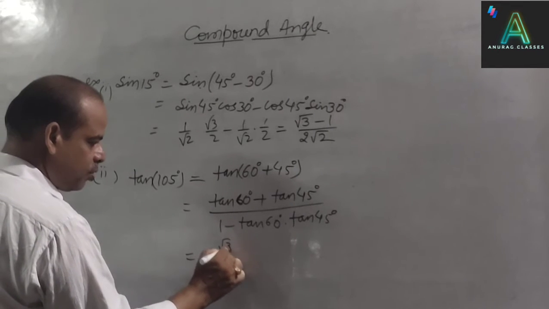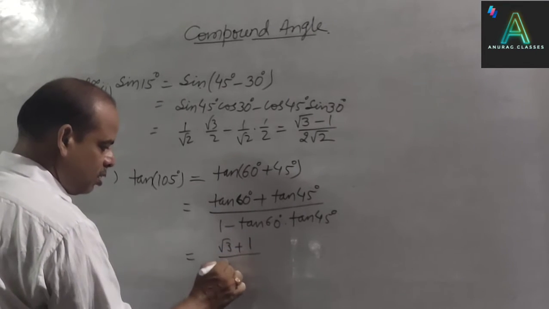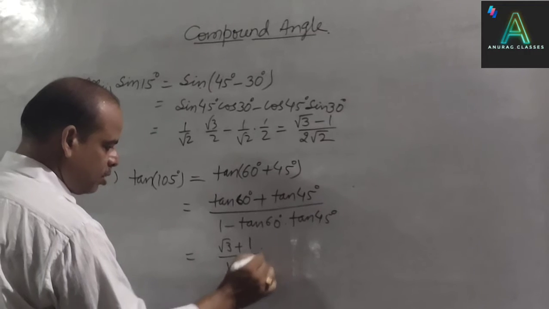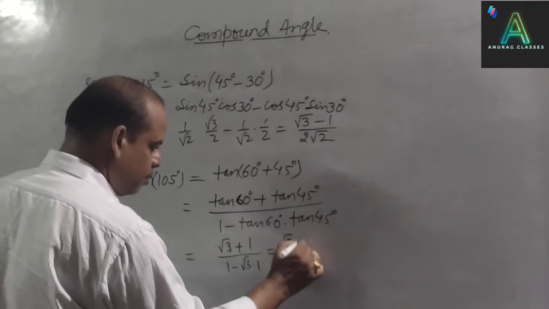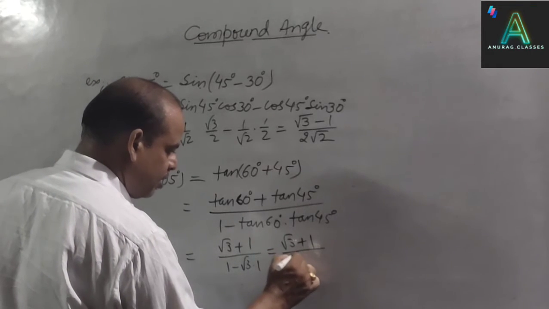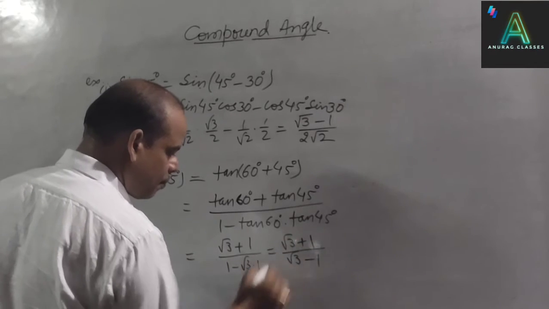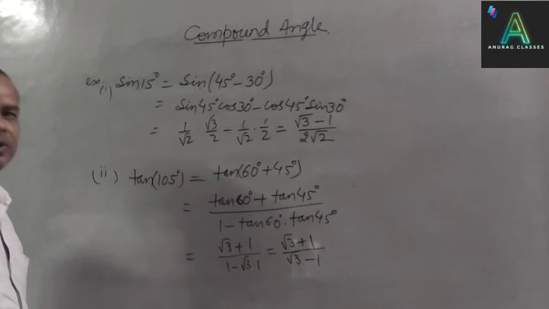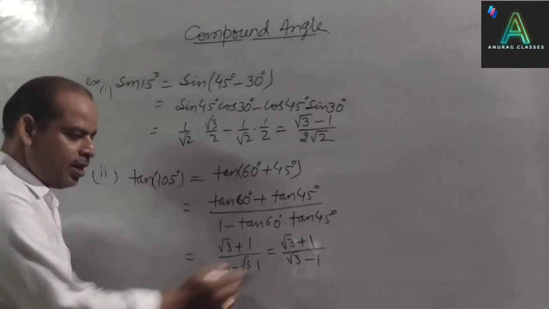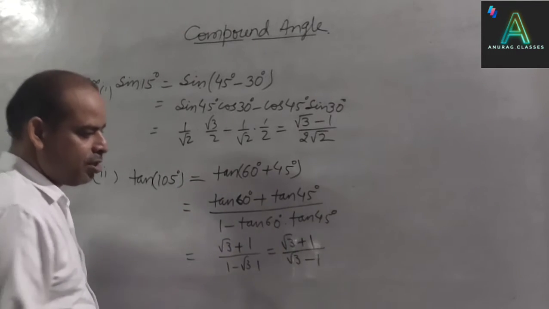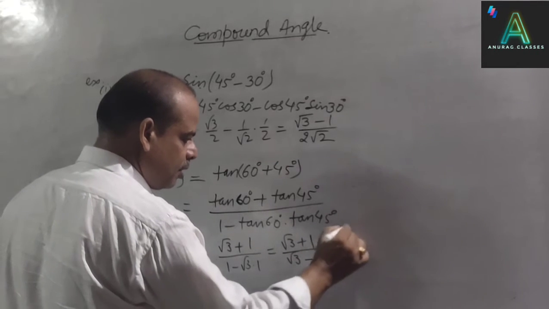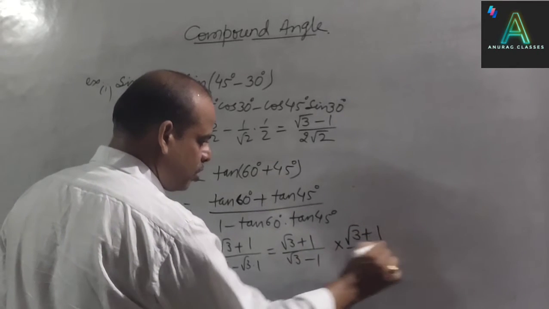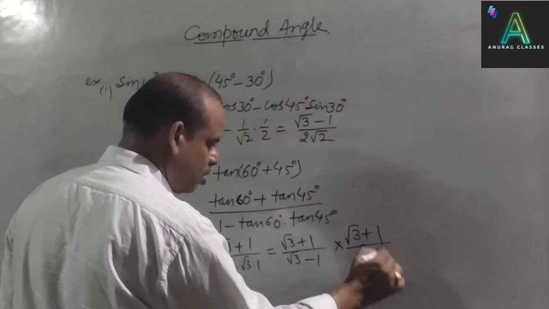Value of tan 60 is root 3, tan 45 is 1, so it will be root 3 plus 1 divided by 1 minus root 3 into 1, that is root 3 minus 1. Student, this is the value of tan 105, but if you want, you can rationalize the denominator: multiply by root 3 plus 1 over root 3 plus 1.